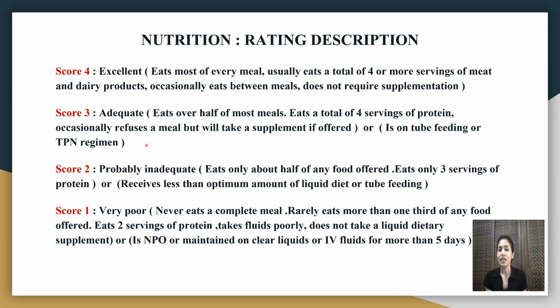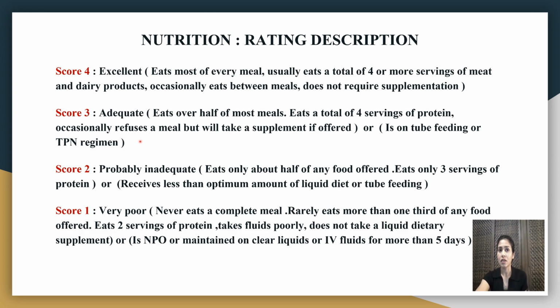That means eats over half of most meals served and takes 4 servings of protein per day, and takes supplements if offered. On the other hand, if the patient is on tube feeding or total parenteral nutrition regimen, you can give a score of 3, because once they decide to put the patient on tube feeding or TPN, these things will be given based on the calorie requirement of the patient.